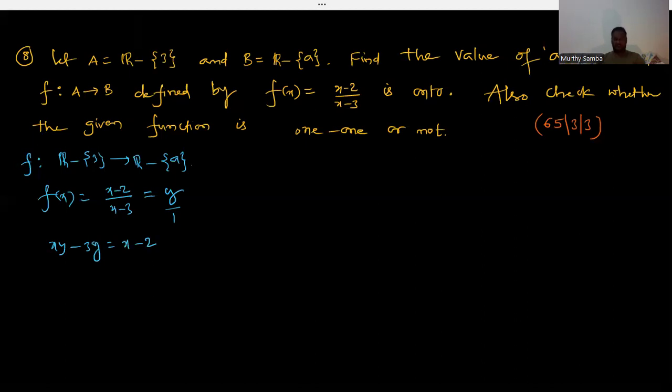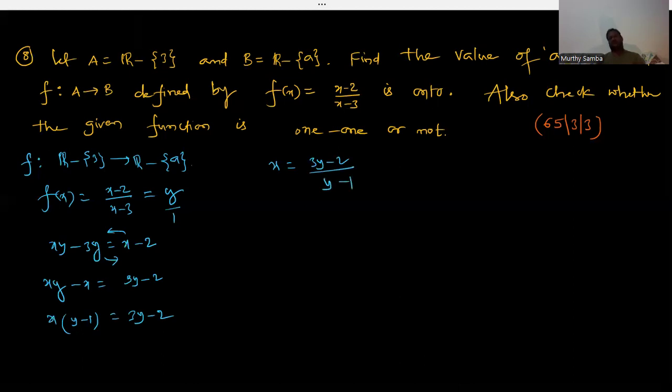Since you are obtaining the value of x, transpose x to the left hand side and 3y to the right hand side, then it will become xy minus x is equal to 3y minus 2. You can take x common out: x into (y minus 1) is equal to 3y minus 2, which means x is equal to (3y minus 2) divided by (y minus 1).